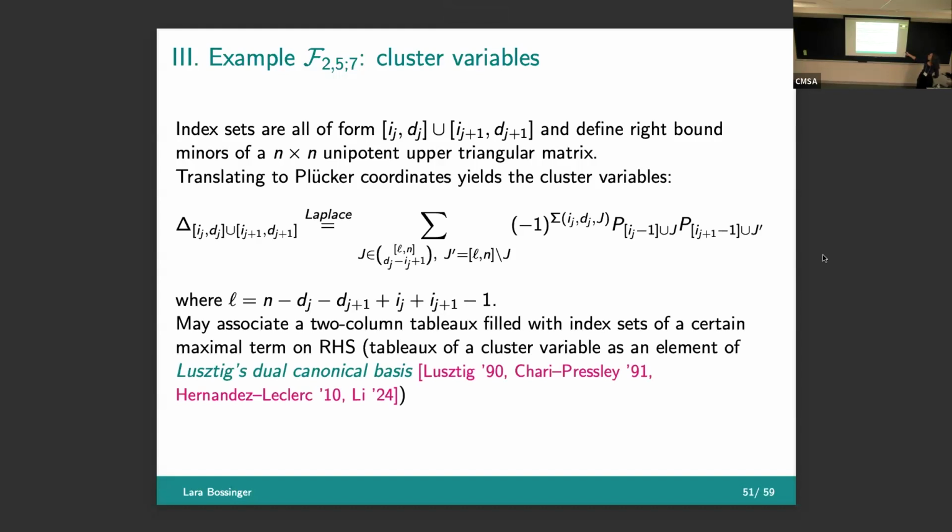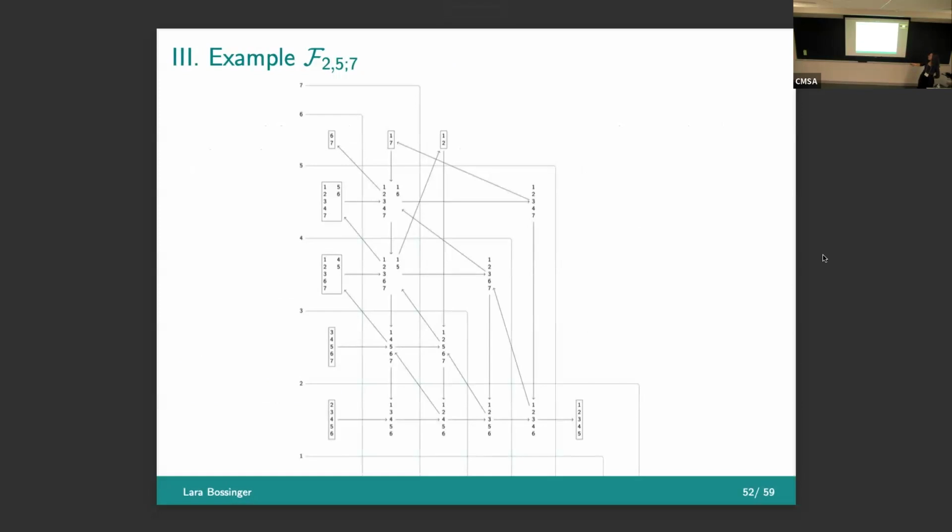And there's an order on tableaux, so every monomial here corresponds to one tableau, and an order on tableaux allows us to choose the maximum one. So if I do that in my example, this is what I get. Whenever you see just one column, this is just a Plücker coordinate. And when you see 2 columns, this is a quadratic expression in Plücker coordinates.